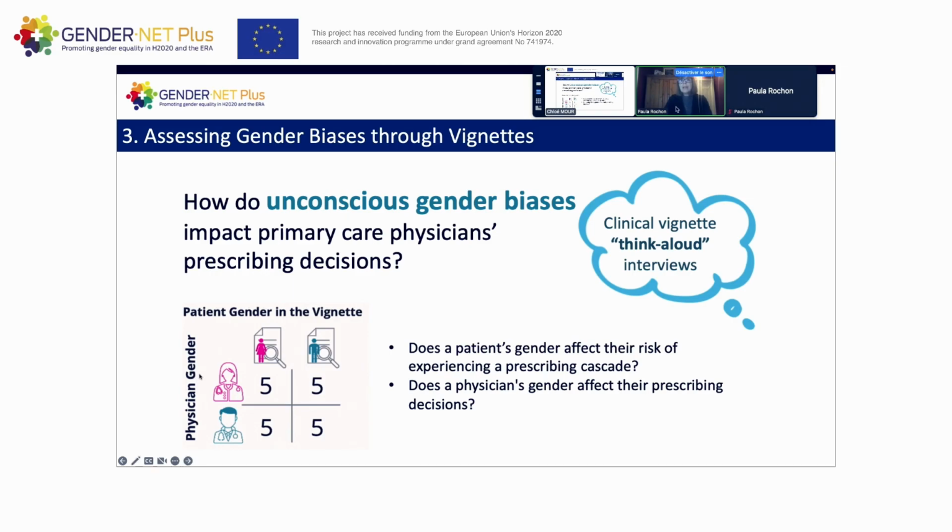And we're using vignettes, telling people stories about prescribing cascades without using that word. We're trying to determine, does a patient's gender affect their risk of experiencing a prescribing cascade? And does a physician's gender affect their prescribing decisions? To do that, we have male and female physicians, and male and female patients in each of these different countries that we're evaluating.